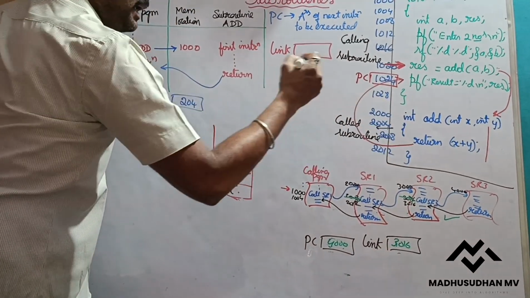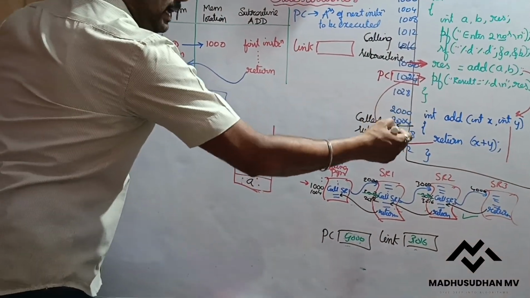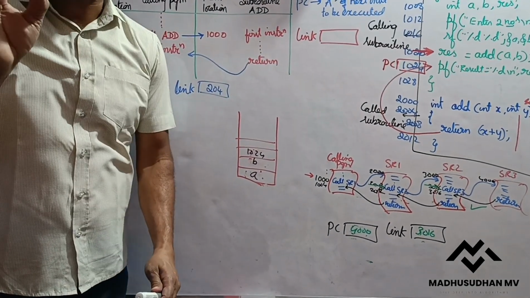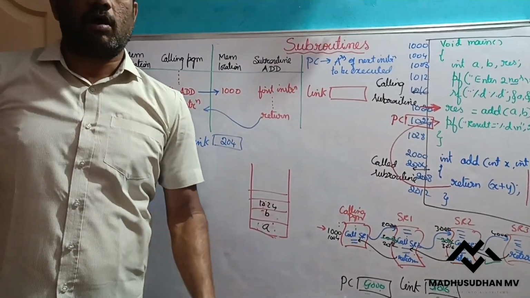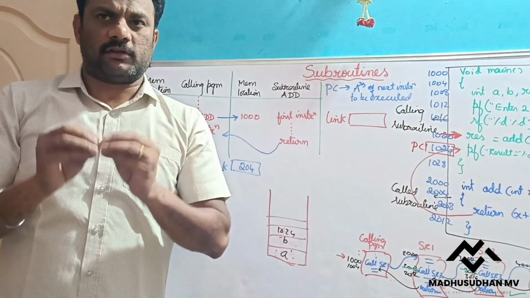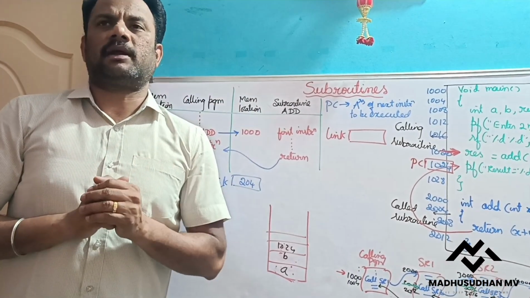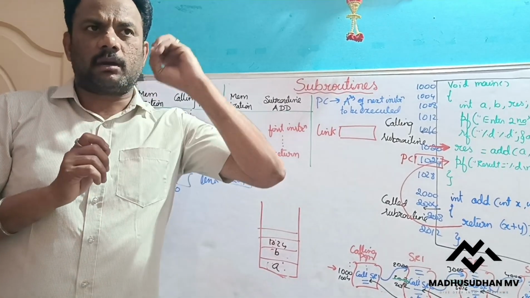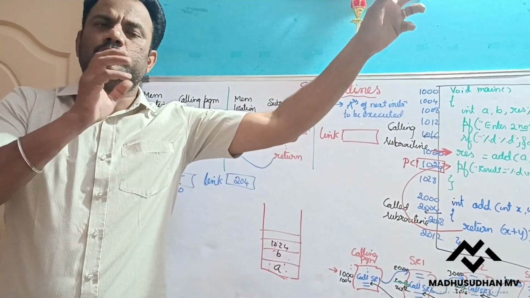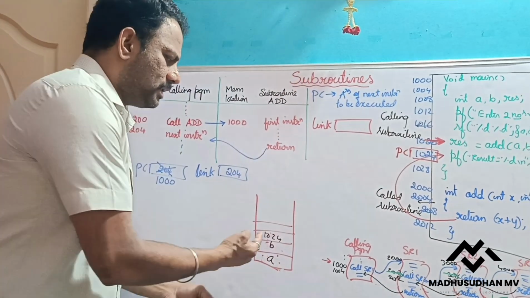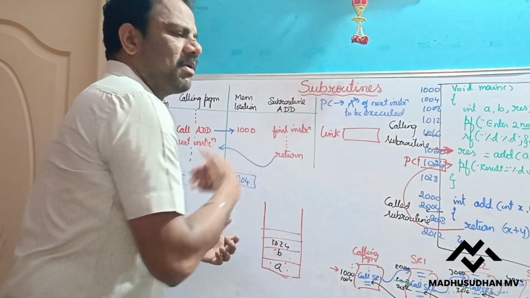Whatever value results, again I will push, and then I will pop and return back. So if very few parameters are passed between subroutines, we use registers. If more parameters are there, it is better to use the stack. Before control is transferred, we push all the parameters and then the return address, and when we come back, we simply get this 1024 as the return.